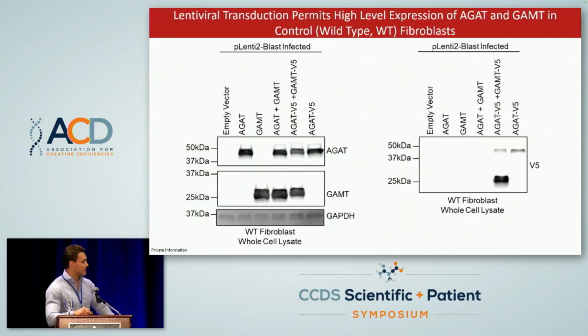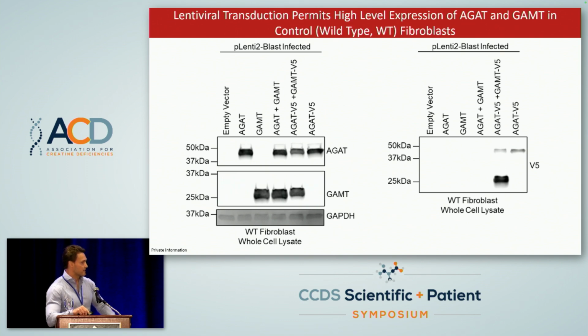In wild-type fibroblasts, similar to HEK cells, we were able to get good infection, and the infection didn't seem to disrupt the amount of GAPDH when we loaded an equal amount of cells from the starting well, and we could get good expression of both AGAT and GAMT.